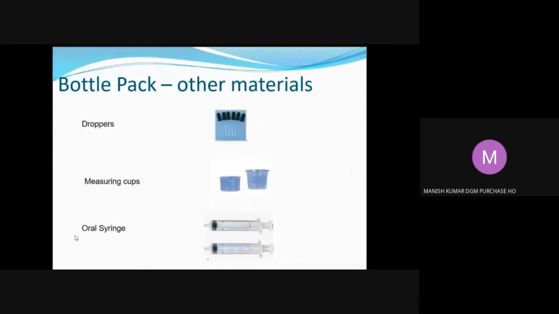So you have to put the syringe with an adapter at the top of the bottle. In India it is not a trend, but in regulated markets, people are using oral syringes for giving doses to their kids. So you can use that also. And these materials are mostly made from PP or HDPE.